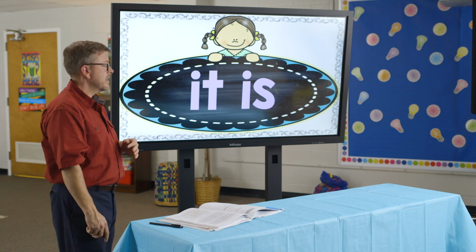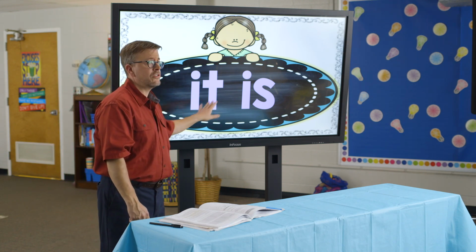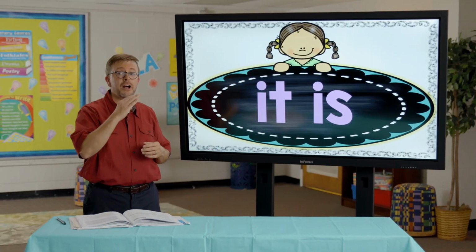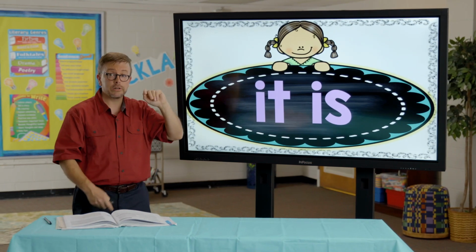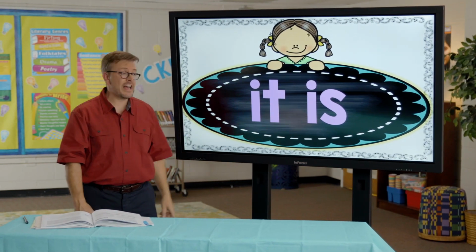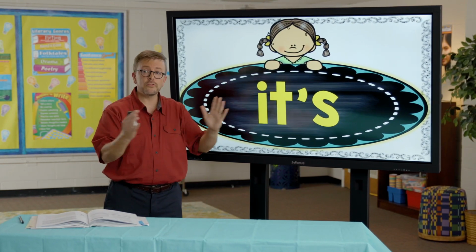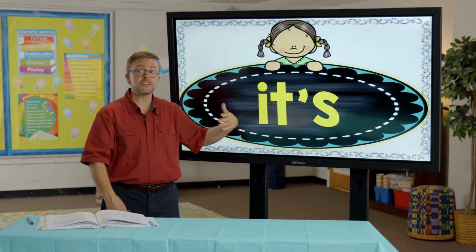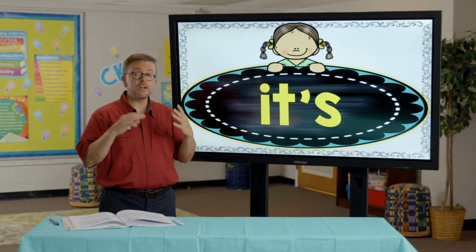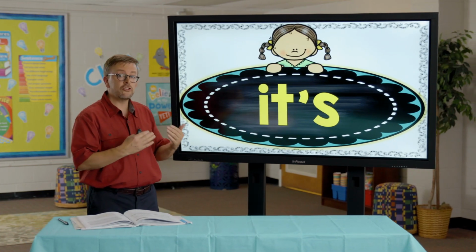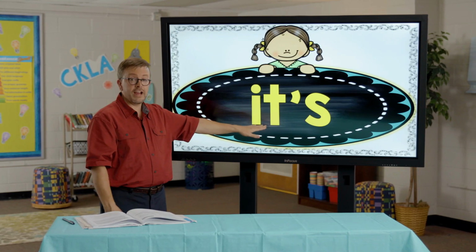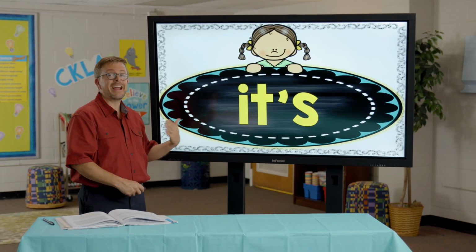It is. Now, when we have these two words separately, and we want to make them a contraction, remember we're going to use an apostrophe. That's that little comma that's hanging in the air. And when we put an apostrophe in for this, it's going to replace the I in is. So notice we just brought those words together, but we took the I out and put the apostrophe in. That is it's. However, if in the context of the sentence it should read or could read it has, this contraction can also stand for it has.